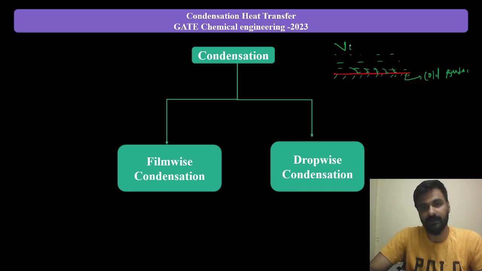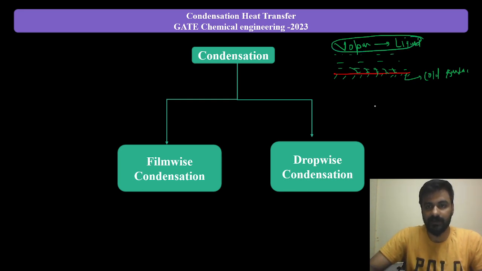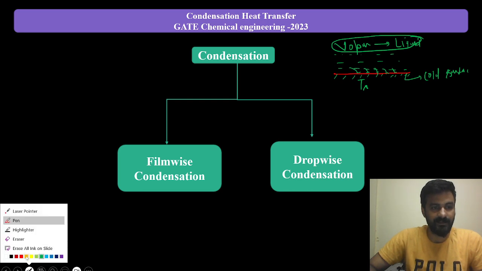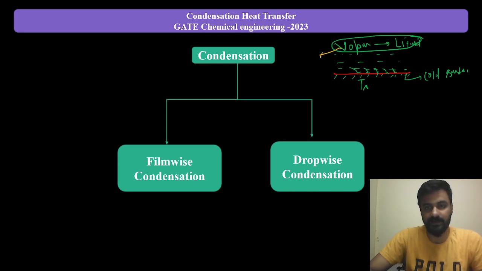So here what will happen? Vapor will be getting converted into liquid. Why? Because I am assuming the surface temperature is Ts and the temperature of the vapor is T, at the saturation temperature. So I am writing that as saturation.